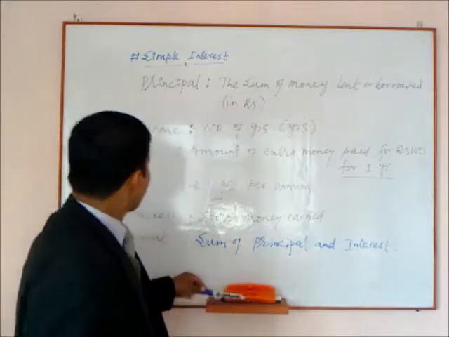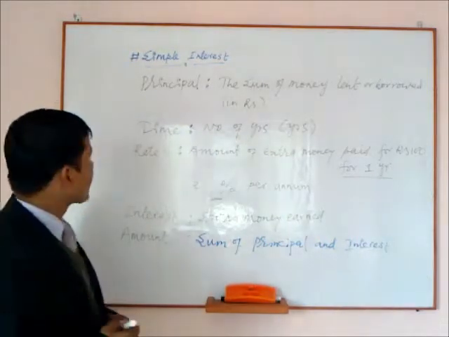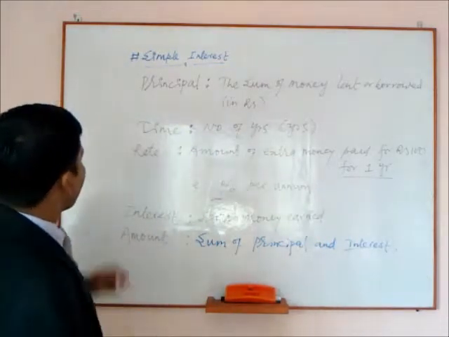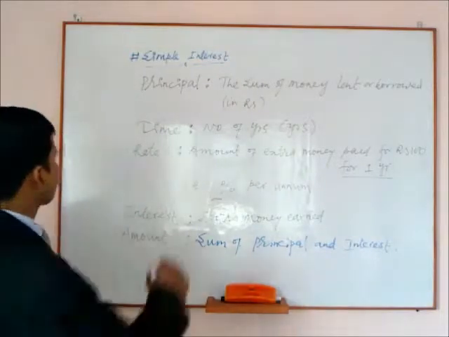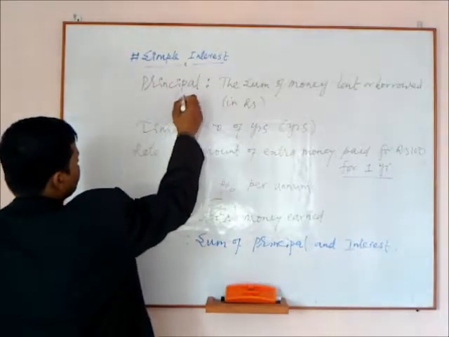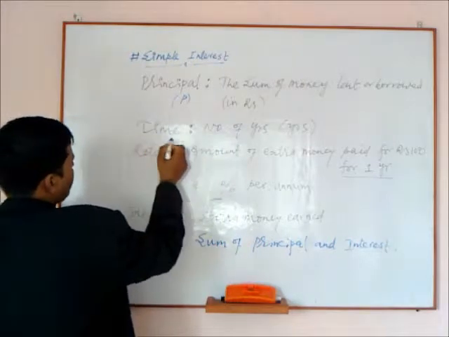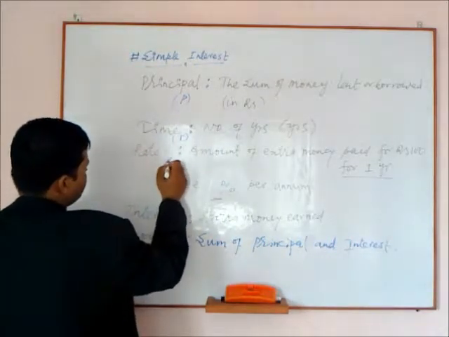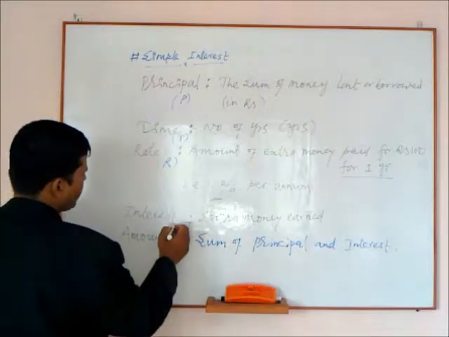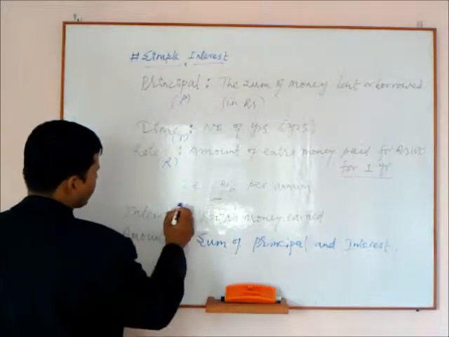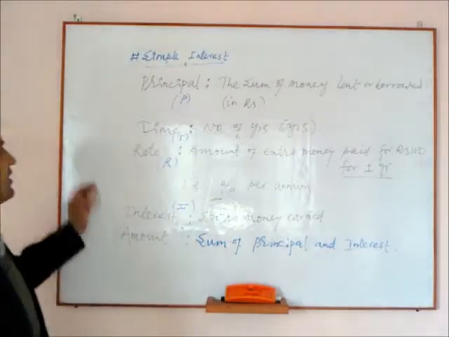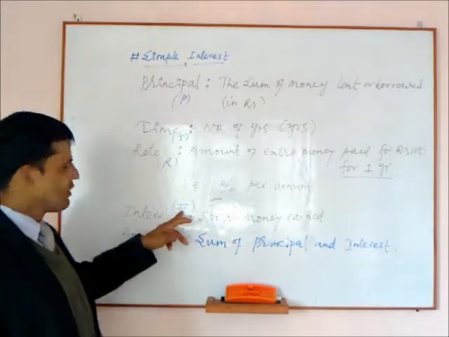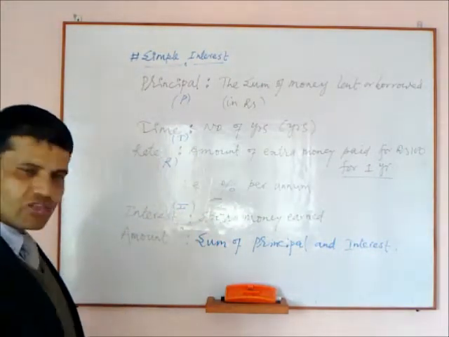Now we can use short forms of these terms. Principal can be denoted by P, time can be denoted by T, rate can be denoted by R, interest can be denoted by I or SI, because it is simple interest, that's why we can also symbolize SI.